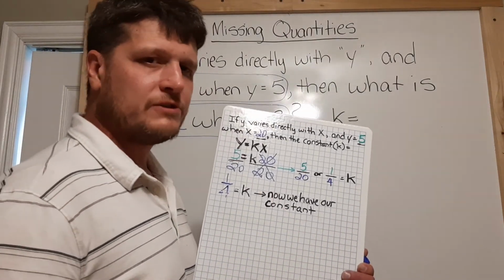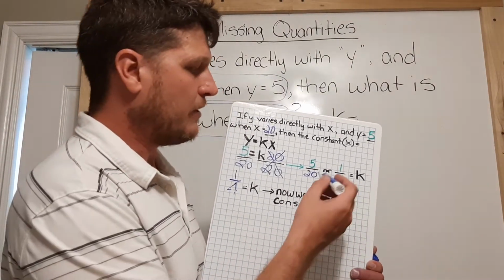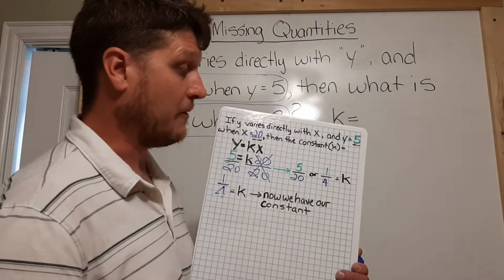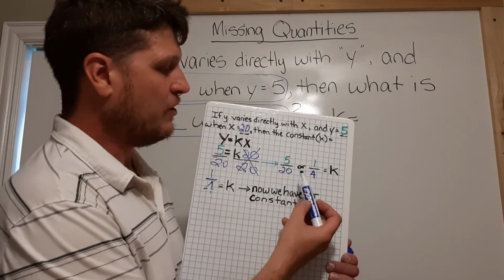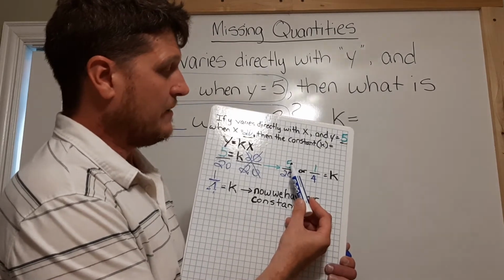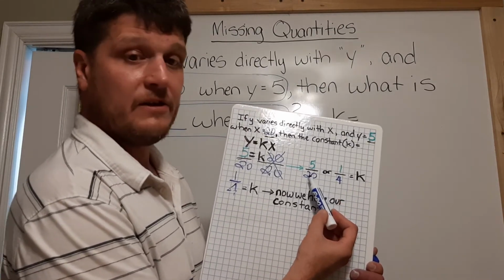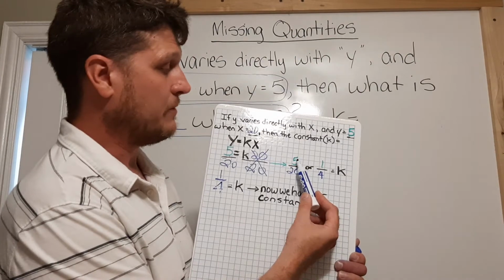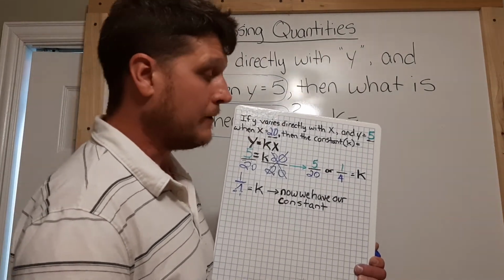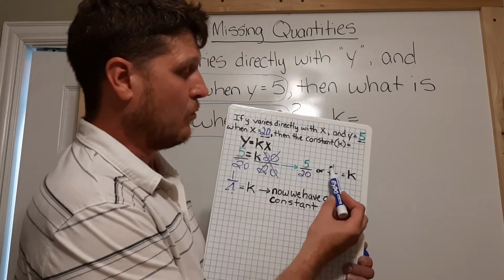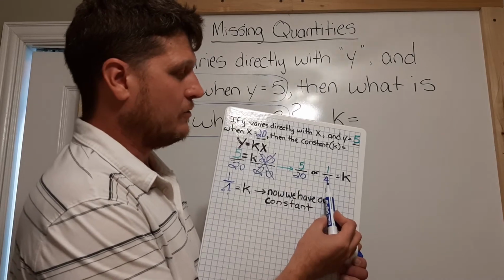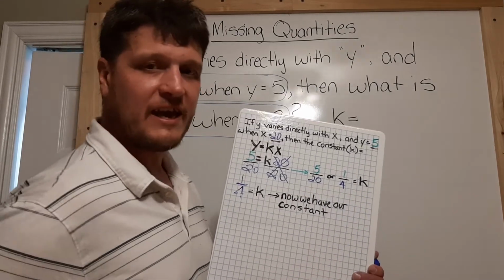But we want to get a little more sophisticated than that, okay? We want to break this down into its lowest terms, the top and the bottom. So we know that 5 is a factor of 20, and 5 is common on top and bottom, so we're going to divide the top and the bottom of that constant by 5. If I divide 5 by 5, I get 1. And on the bottom, I divide 20 by 5, and I get 4. So 1/4 equals our k.